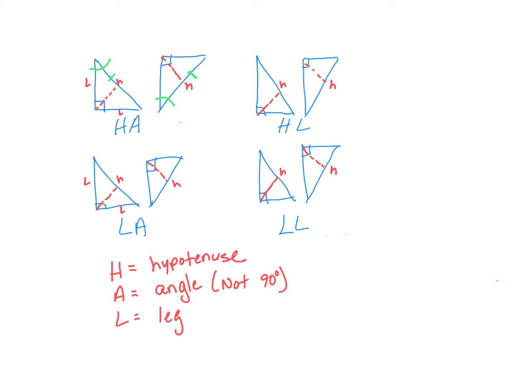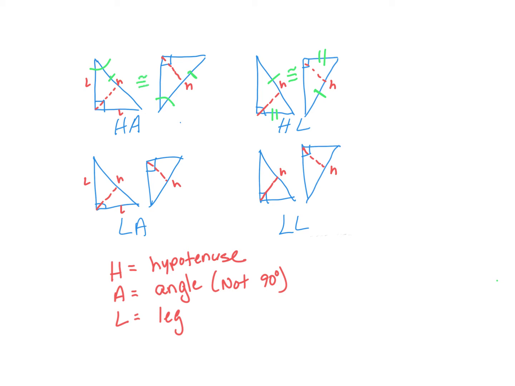Now what about HL? What would have to be marked? So we need to mark the hypotenuse again. And we have to mark one of the legs. So let's mark this one down here. If the hypotenuse and a leg are marked, we can say that those 2 are congruent by HL.